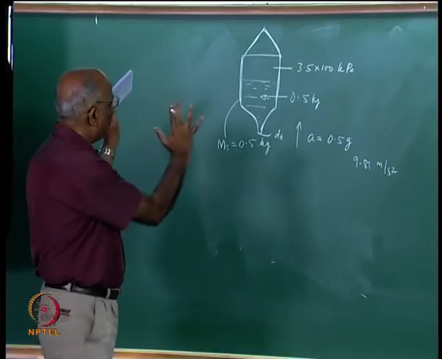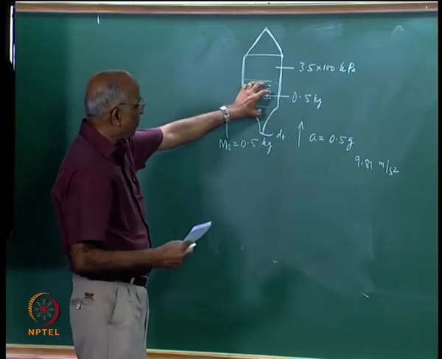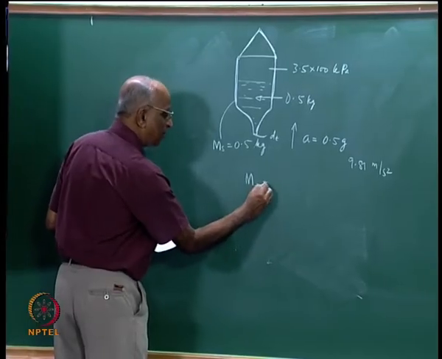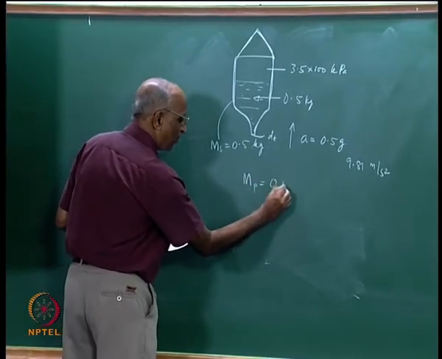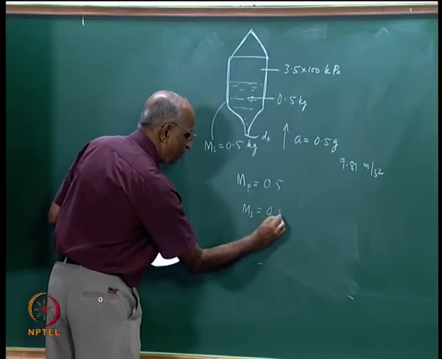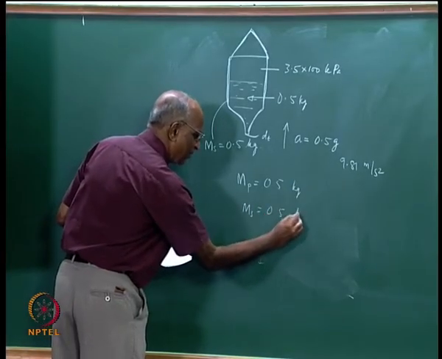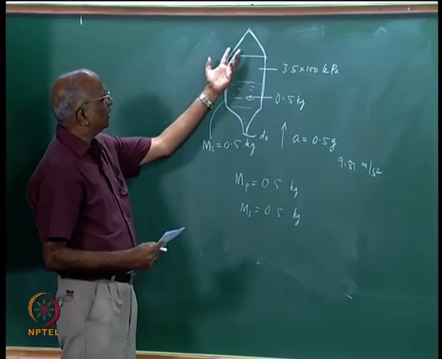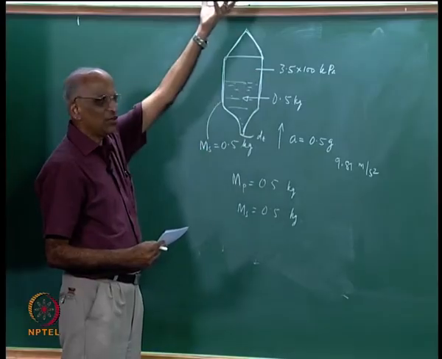How should we be doing this problem? See, everything is available to you. You have a mass of water 0.5 kg, let us say the mass of the water is the mass of propellant which is used for pushing it up, 0.5. The mass of the structure is equal to 0.5 kg. What I have not told is, there is no payload in this, just the bottle is moving up.